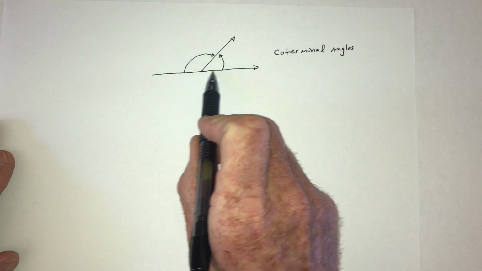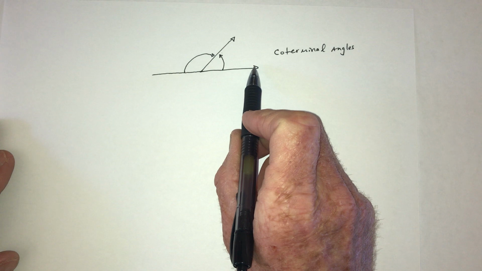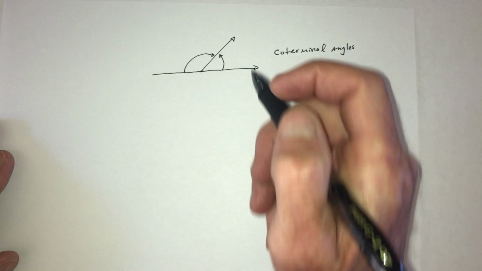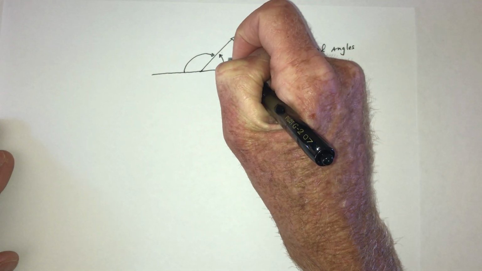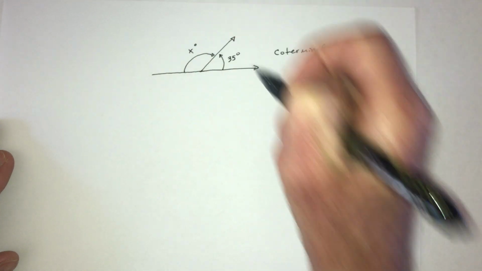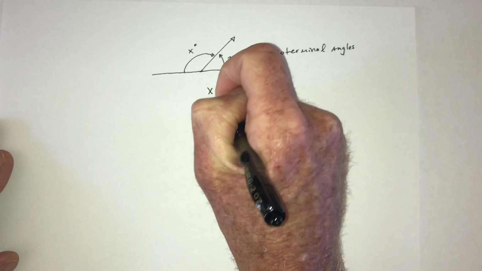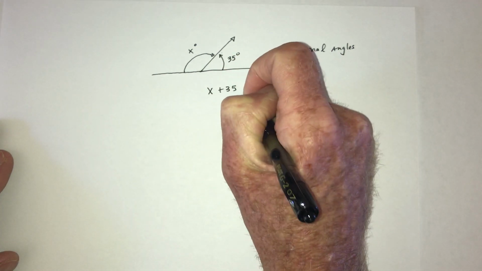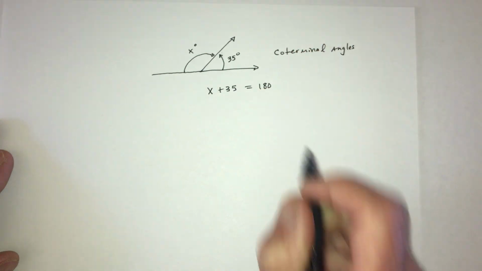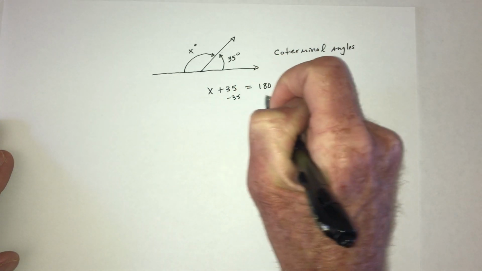Now, because this line right here is a straight line, that means that the two angles have to add up to 180 degrees. So if this one was 35 degrees, then how much would x be? So x plus 35 has to equal 180. Now just subtract 35 from both sides.